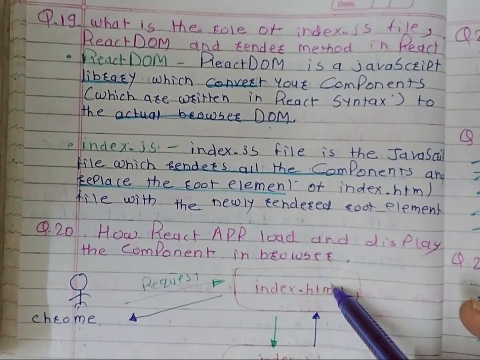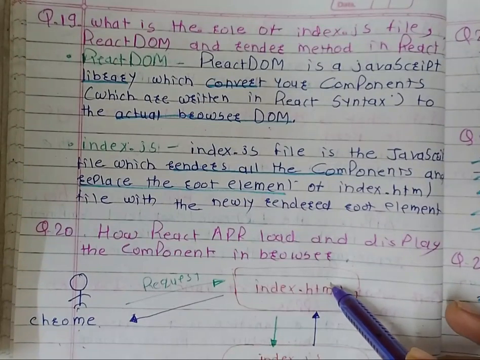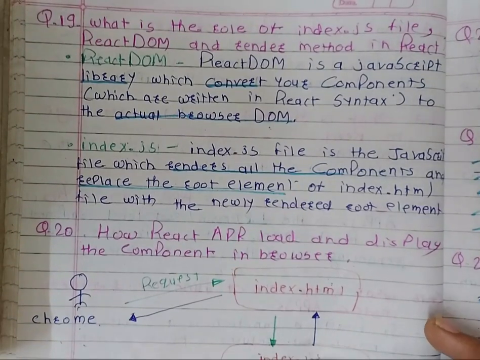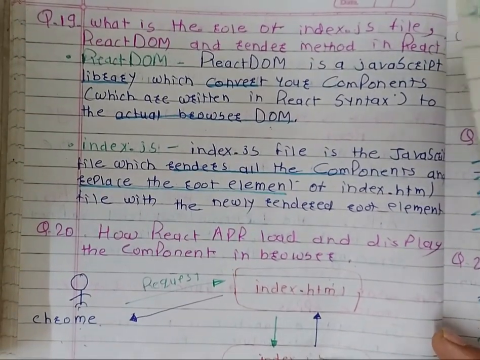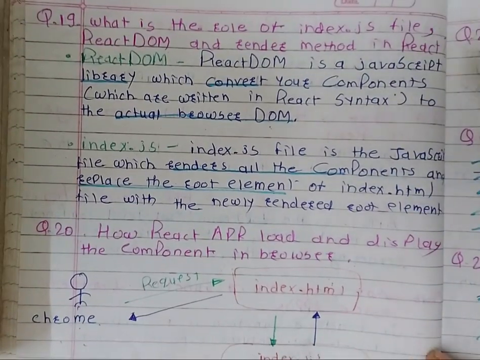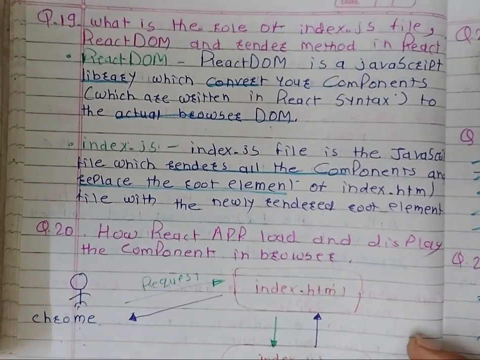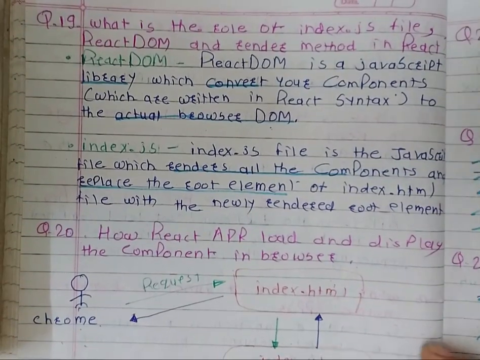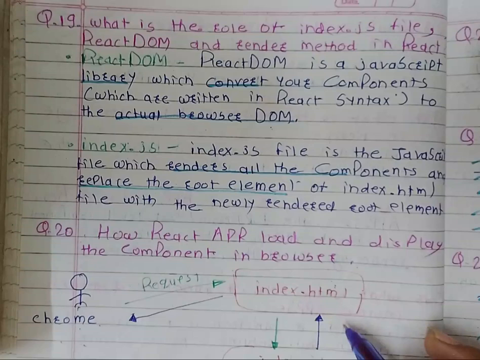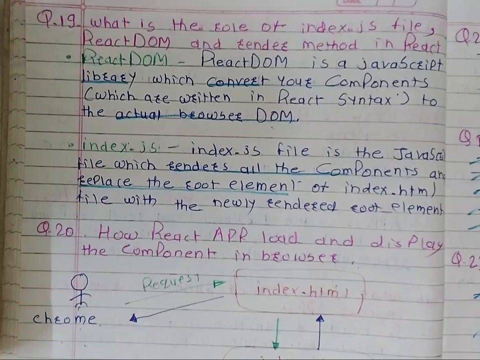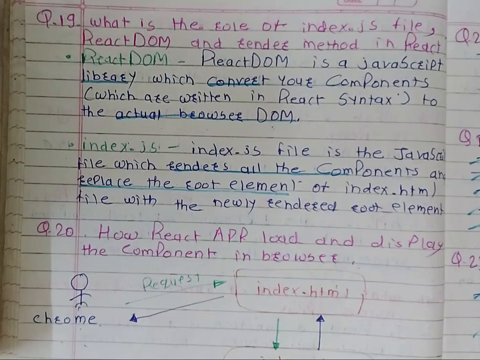In that file we have included the index.js file. In index.js there is a root element, and in index.js we have imported App.js. So App.js is inside index.js, and index.js and index.html are connected to each other. This is how our app loads in the browser.